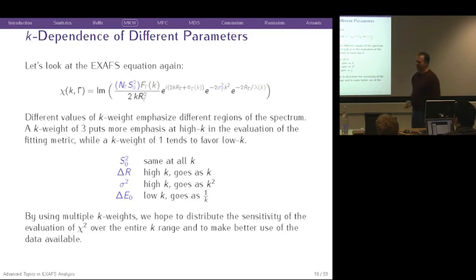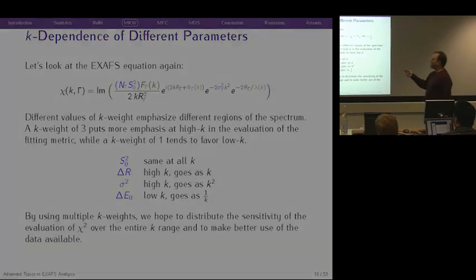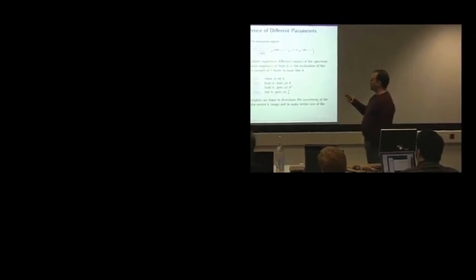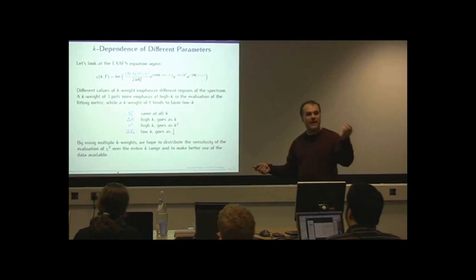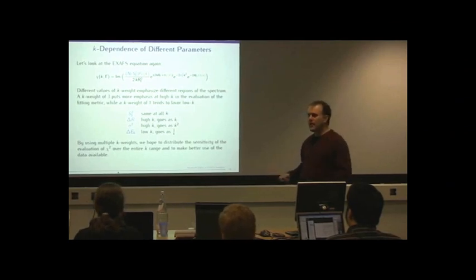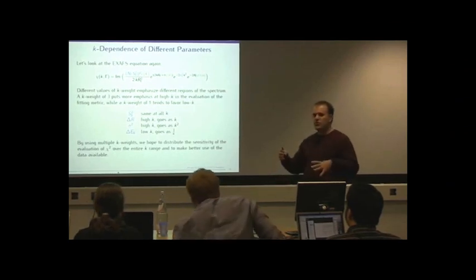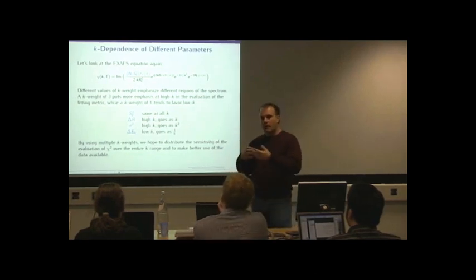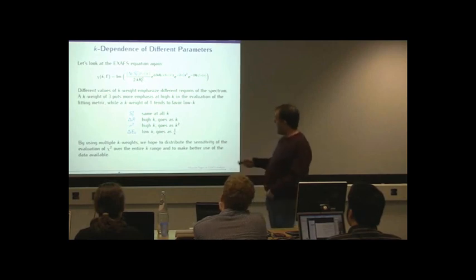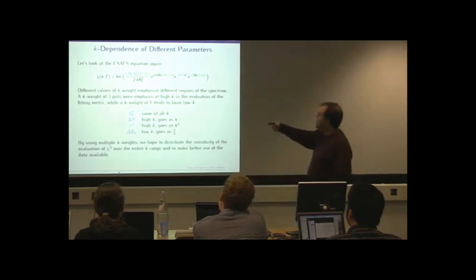When you evaluate chi squared, if you have the wrong value for sigma squared, then that is going to contribute much more to the evaluation of chi squared at high k, because then you have a wrong number multiplied by k squared.